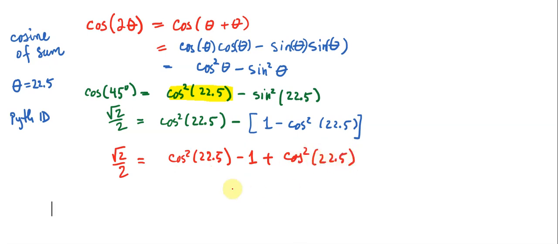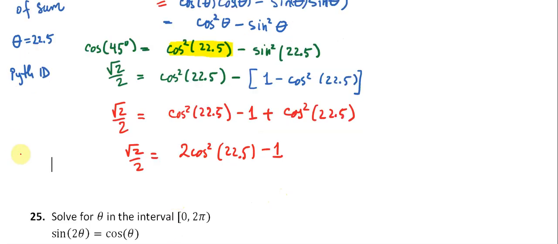Going to combine my like terms, and that gives me 2 cosine squared of 22.5 degrees minus 1. And now we're going to add 1 to both sides. So root 2 over 2 plus 1 is equal to 2 cosine squared 22.5.